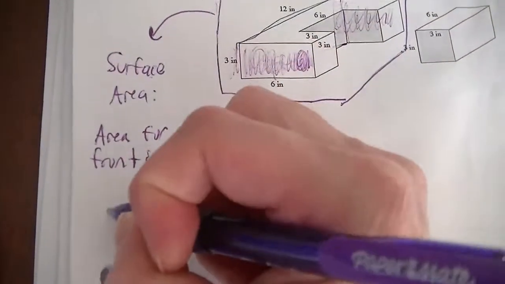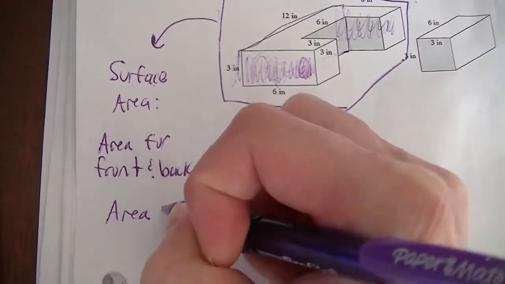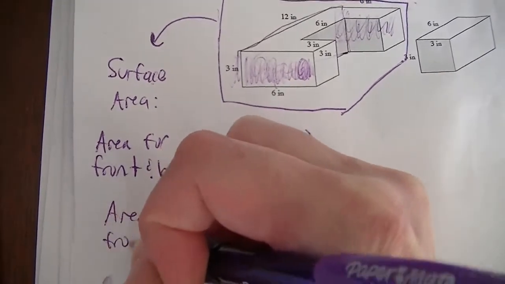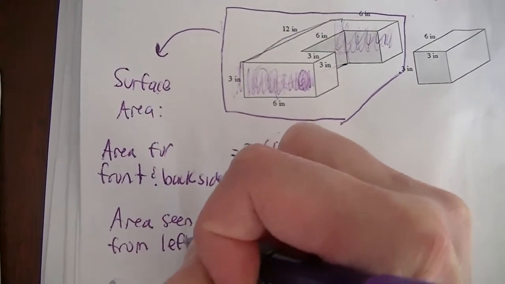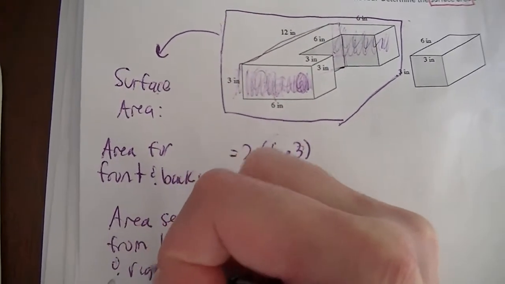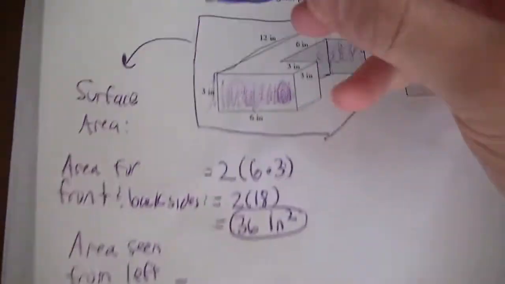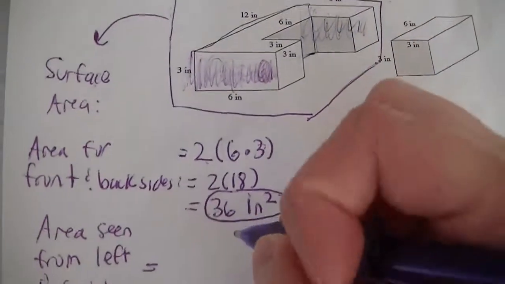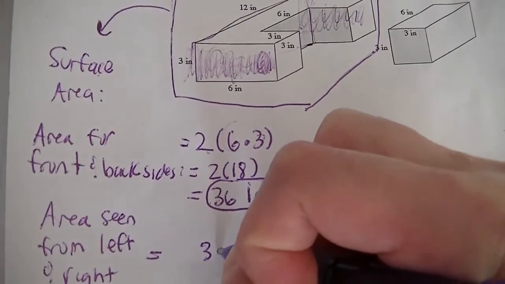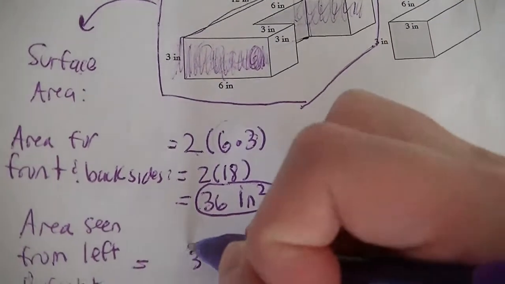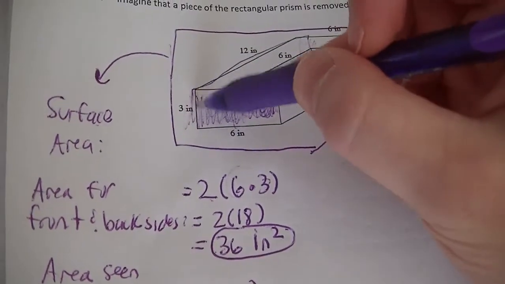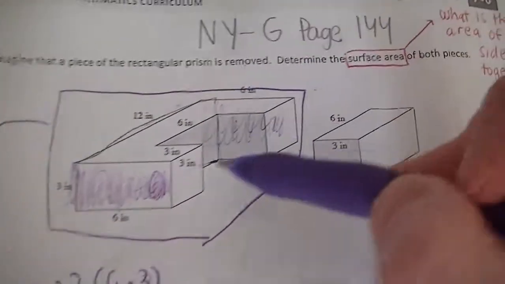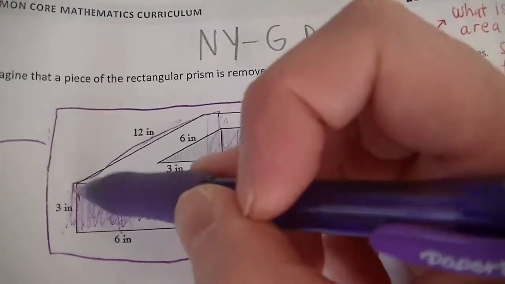So let's label that area seen from the left, like the left view, and right. I see the dimensions are 3 by 12. Now we know that there are 2 sides to this. There's this side, and then there's also this side.